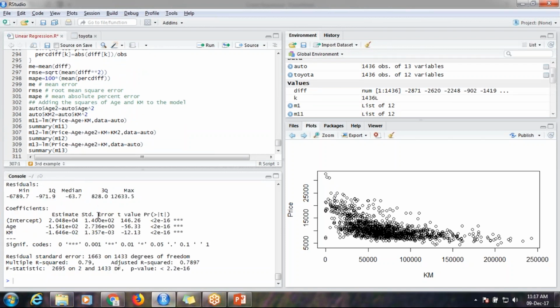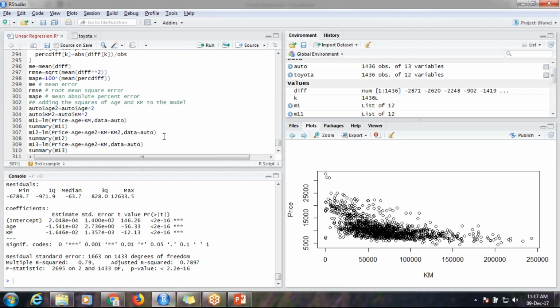What summary am I getting? My R square and adjusted are somewhere around 79%, which is okay. I'm able to explain most of the things. And also because kilometer itself has quite a high range, starting from a very small value to around 2 lakhs, having a coefficient of 10 to the power minus 2 is quite explanatory itself.